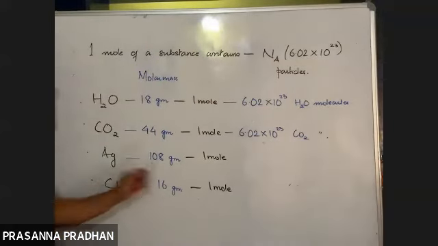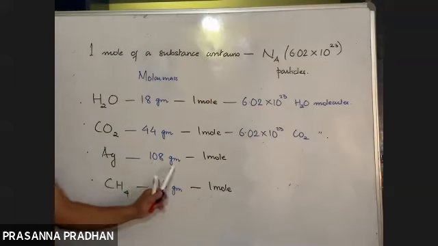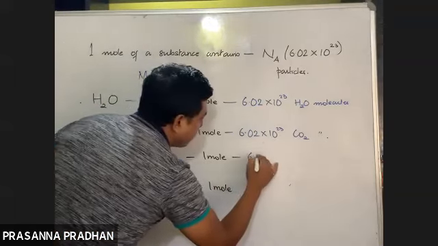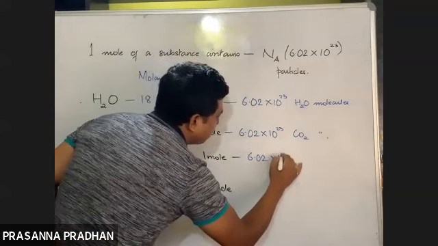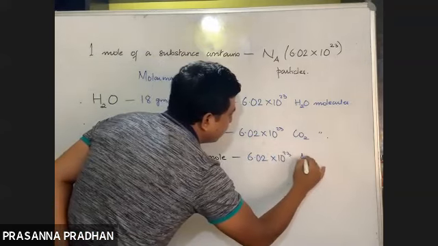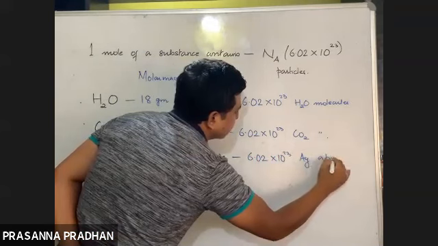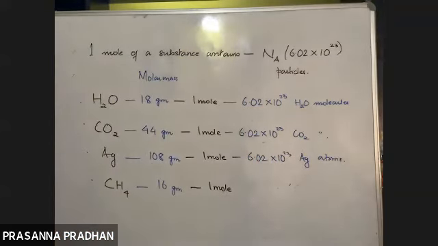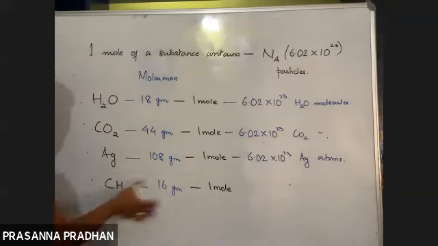So 108 gram of silver means 1 mole of silver. Again, it contains what out here? It contains Avogadro number of what? Silver. Now I'll write down atoms. It contains Avogadro number of silver atoms. Okay. So 16 gram of methane means 1 mole of methane.